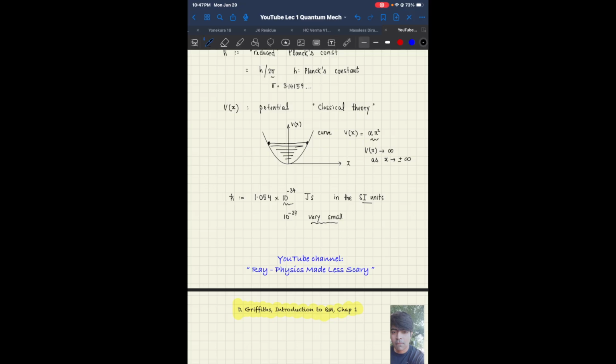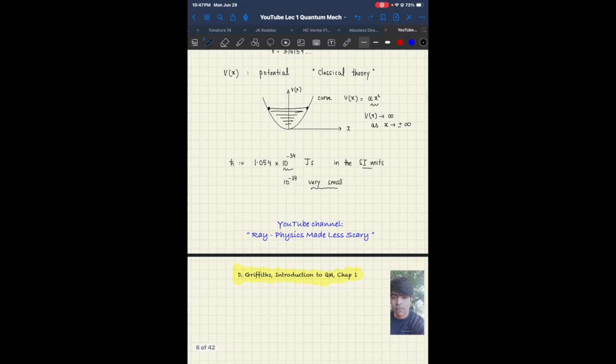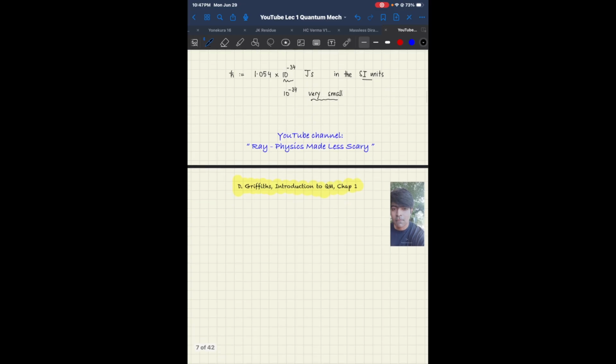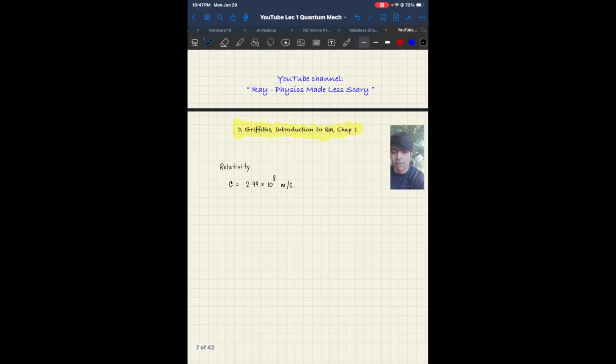Just like, for example, in relativity, you have the speed of light, which is 2.99 times 10 to the power 8 meters per second. It's precisely because this is quite a big number in appropriate units that you don't feel, for example, time dilation.